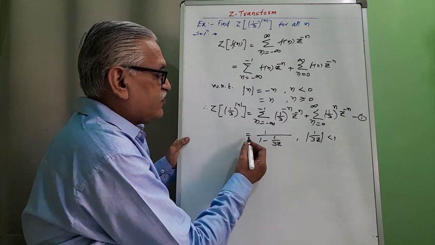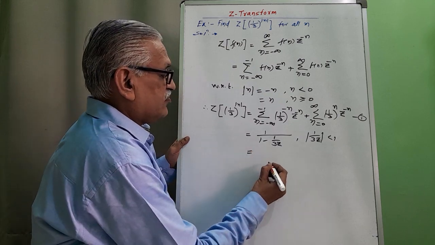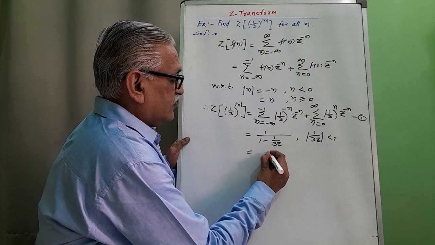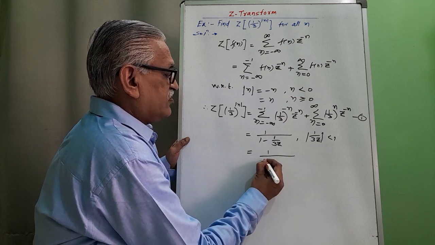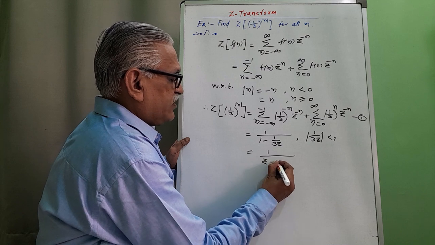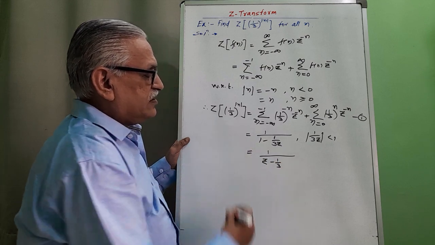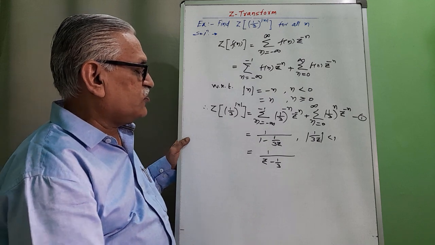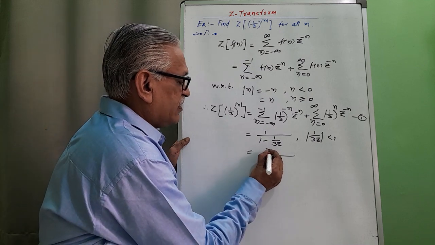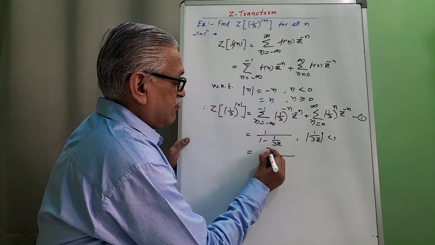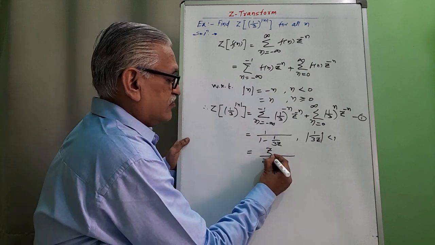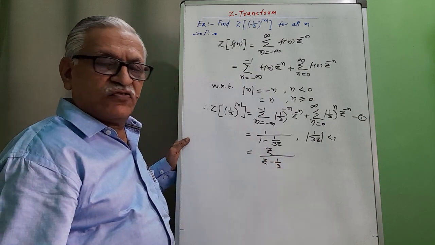Cross multiplying by z, we get 1 upon (z minus 1/3) upon z, and that z goes to the numerator, so we get z upon z minus 1 by 3.